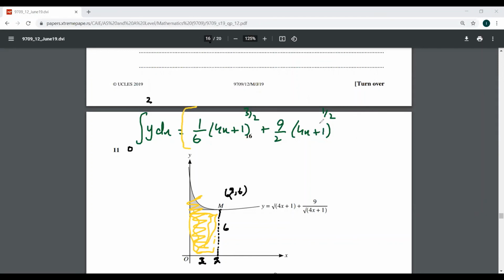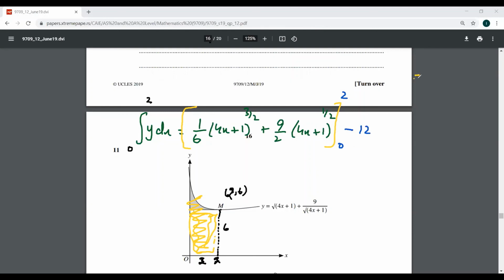I'll be putting the limits here. I should use some other color. With limits from 0 to 2 we get all this area, minus the rectangle's area, that is 12. I believe you people can find this when we put 2 over here, so let me do that quickly.